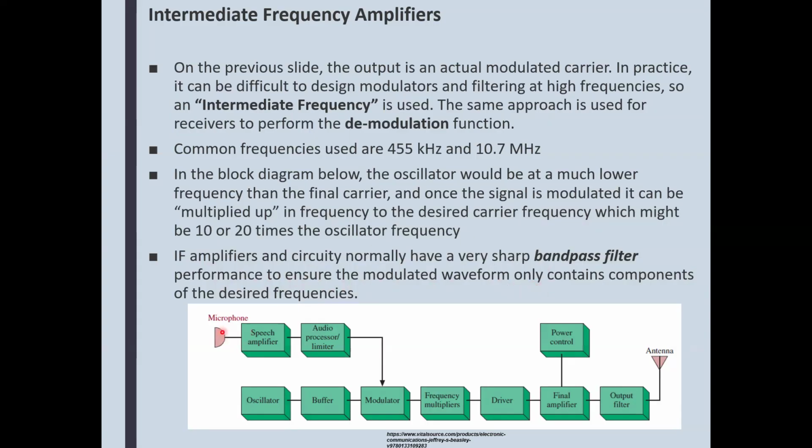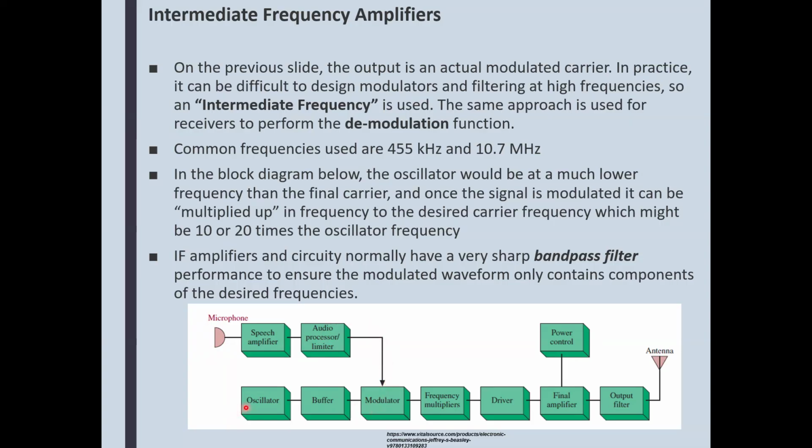All right, so let's just analyze that a little bit, shall we? Here we have the intelligence, the microphone signal transducer, and we have the speech amplifier. So it'll be like an audio amplifier, audio processor, limiter, and all the audio processing circuitry. And look where it goes, right into the modulator or a mixer.